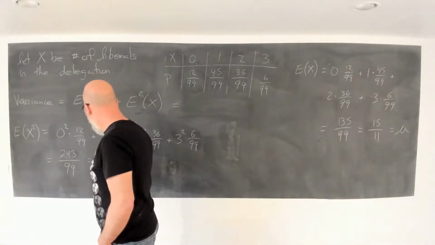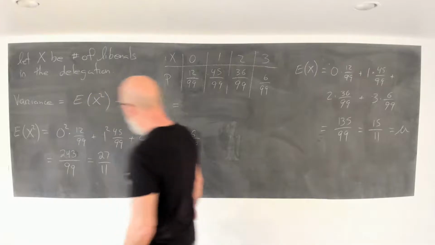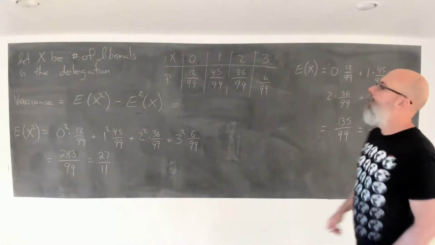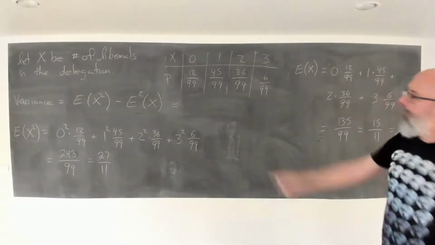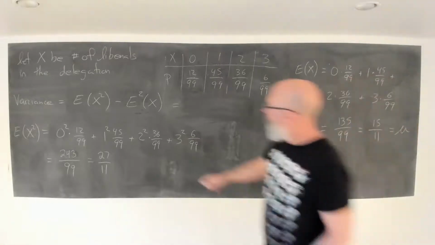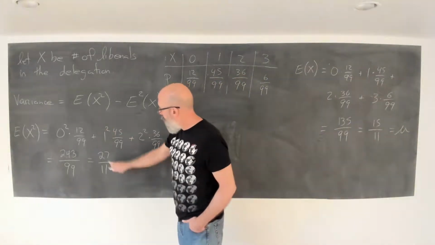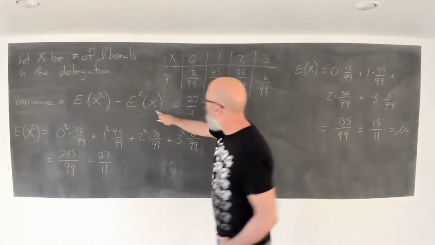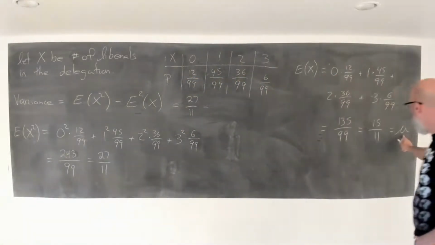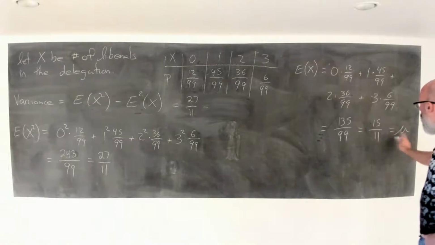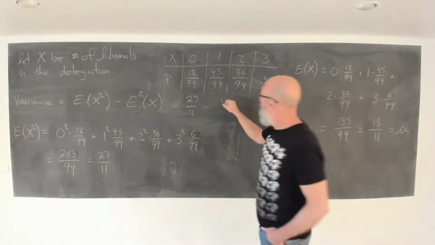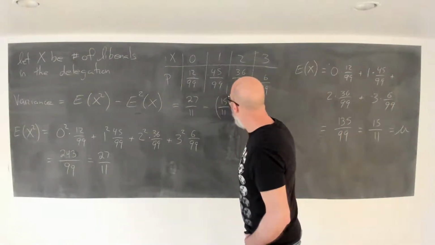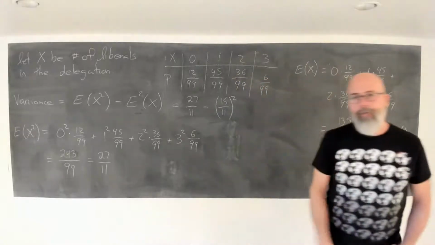Consequently, the variance is the expected value of x squared, so 27 over 11, minus the expected value of x all squared. There it is.